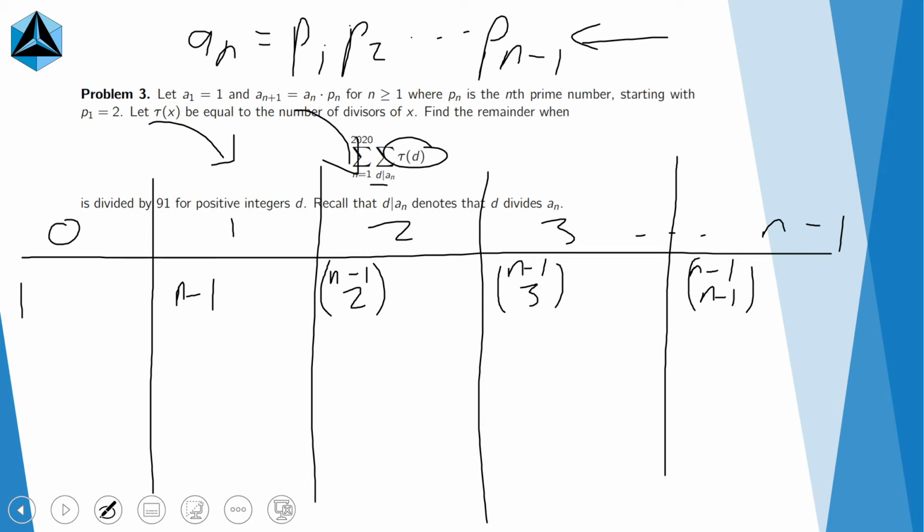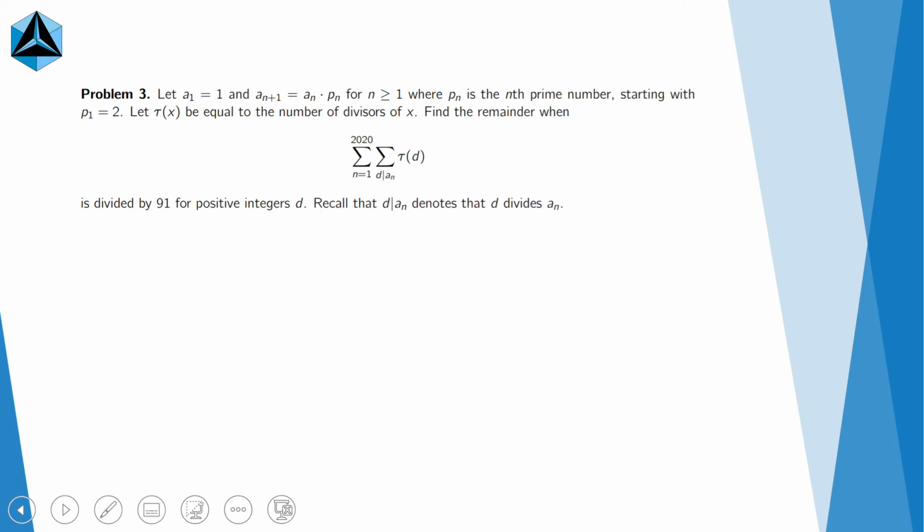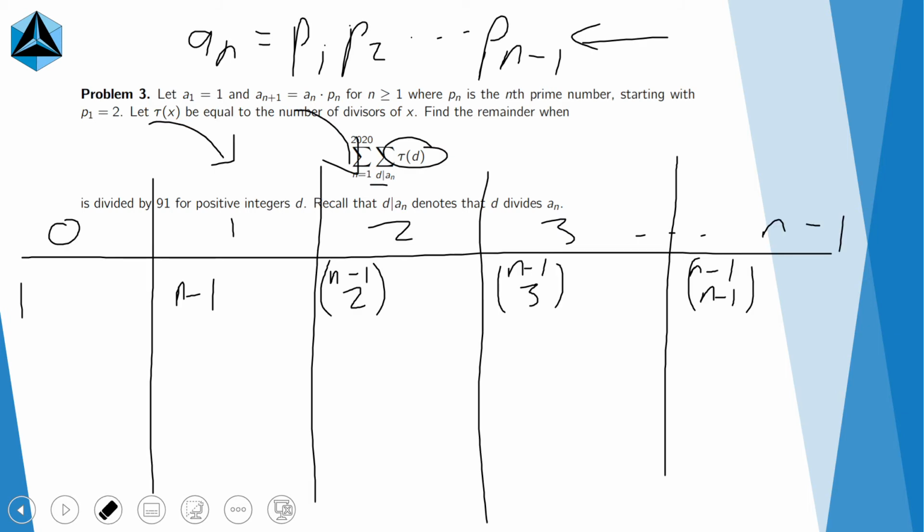This is verified because the only factor of a of n that has n minus 1 prime factors is a of n itself, which is just 1 choice. This also verifies our previous two results at group 0 and group 1, where we can replace them with n minus 1 choose 0 and n minus 1 choose 1.